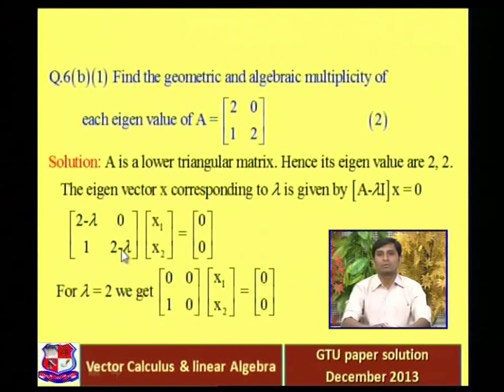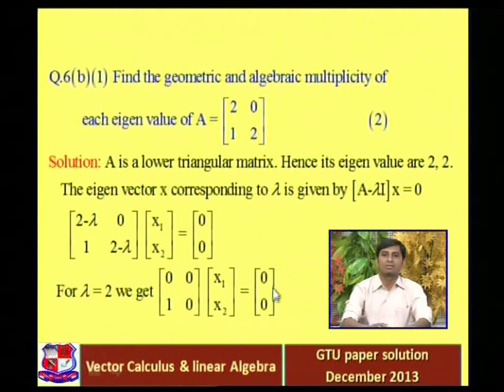Now put lambda equal to 2 in this matrix. So we get [0, 0; 1, 0] times [x1; x2] equal to [0; 0]. So 0 into x1 plus 0 into x2 equals 0, and from that we don't get anything. But from the second row, that is 1 0, we get 1 into x1 plus 0 into x2 equal to 0.